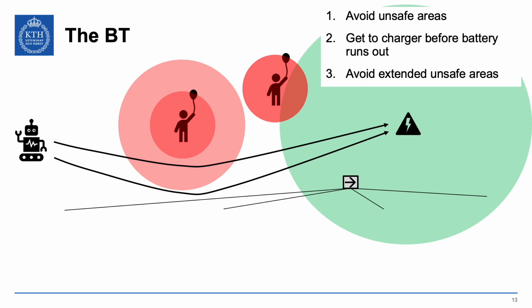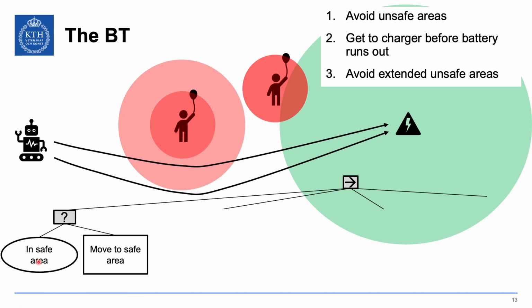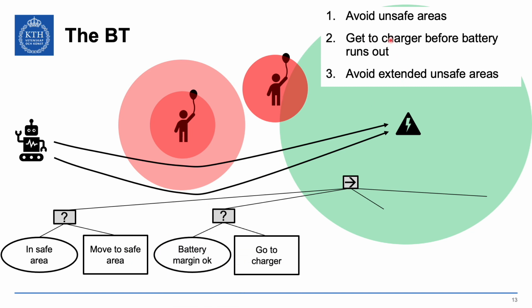So let's look at the behavior tree for addressing this mission. First priority, avoid unsafe areas. We check if you're in the safe area. If not, we move to the safe area. Second priority, get to the charger before the battery runs out. We check if the battery margin is okay. That's basically if we're inside the green area that's going to shrink.